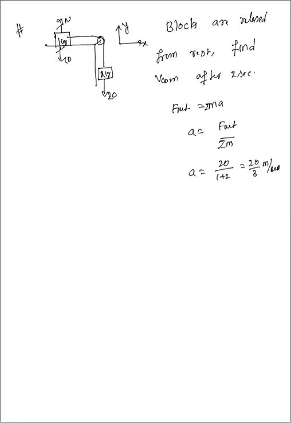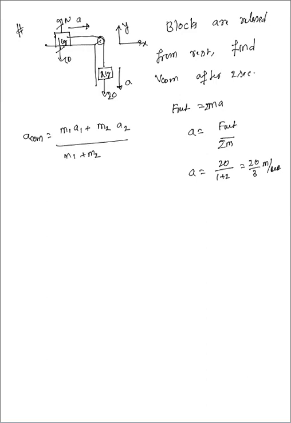This block is going down about the negative y axis, and this block is going about the positive x axis. Direction is important here because we are going to discuss the center of mass motion. So if you want to calculate VCOM, we need to calculate the acceleration of COM. Acceleration of COM can be written as M1 A1 plus M2 A2 divided by M1 plus M2.